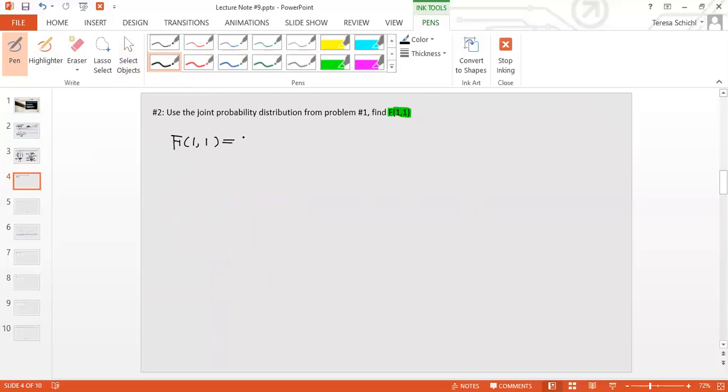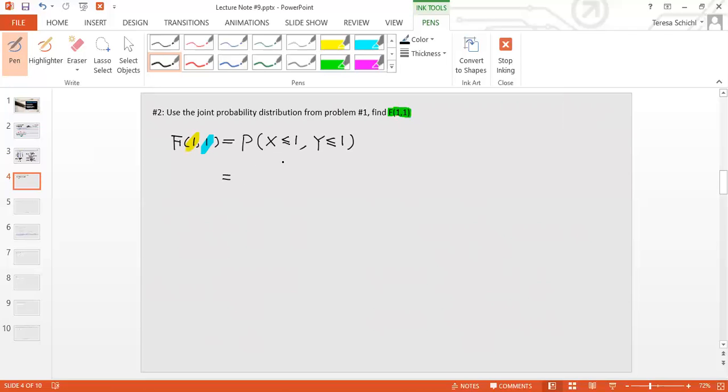That means you have 2 random variables right now, so this is the X value and this is the Y value. So you need X less than or equal to 1 and Y less than or equal to 1. Let's see how many combinations we have.